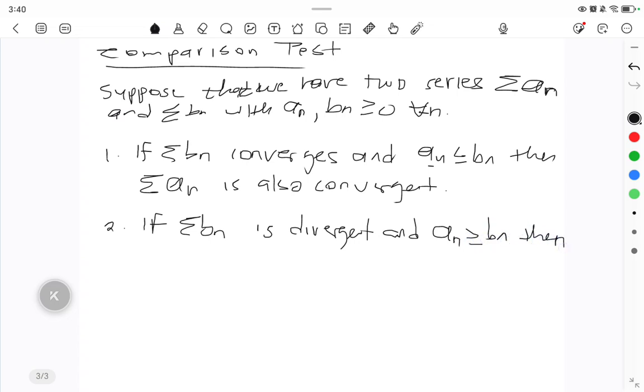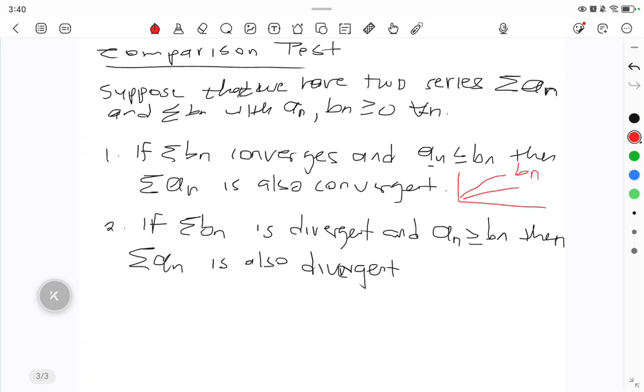Then the summation of an is also divergent. So I'll draw that thing again. If I draw it here, this is the first one, say that bn is bigger, an is small. You say, right?